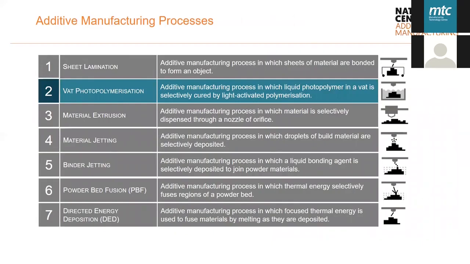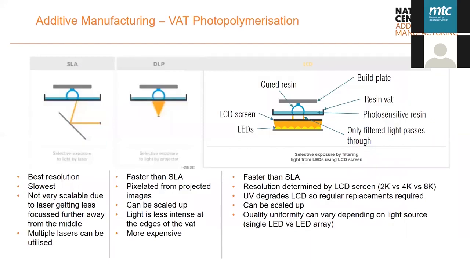So it's an additive manufacturing process in which liquid photopolymer in a vat is selectively cured by light-activated polymerization. So this is just a top level overview of the 3 different types of vat photopolymerization technologies that are currently out there. Really, in terms of comparison, the SLA system's got probably the best resolution, but it's also the slowest, and it's also not that scalable.